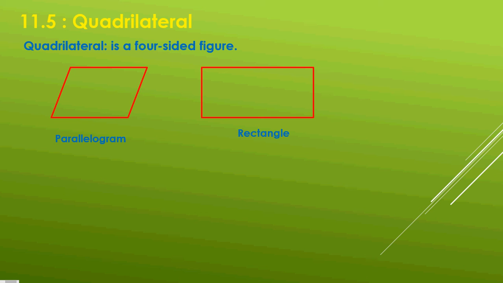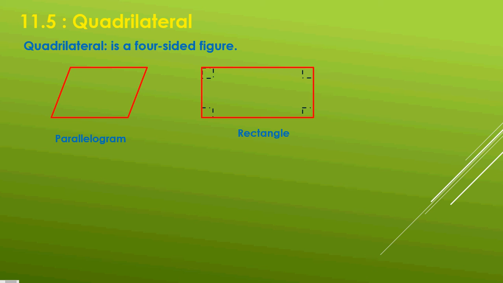Okay? It says that the rectangle es un paralelogramo también. Why? Because this side with this side are parallel. And this side are parallel too. And it has 4 right angles. Okay? How many degrees is a right angle?